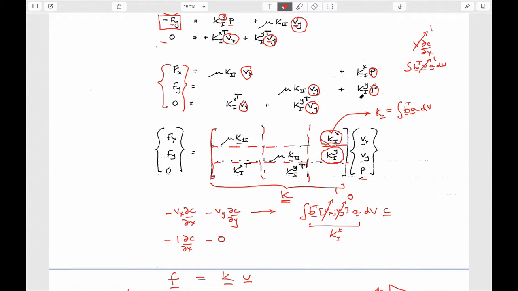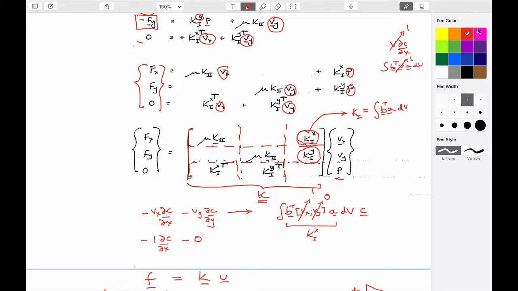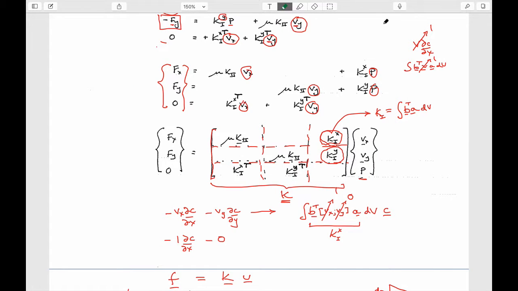And so this is the system of equations that we're trying to solve.